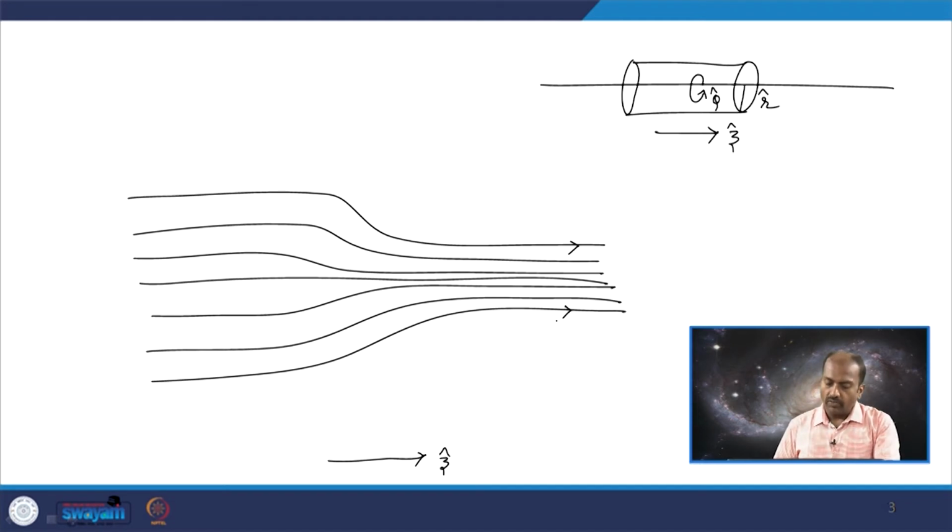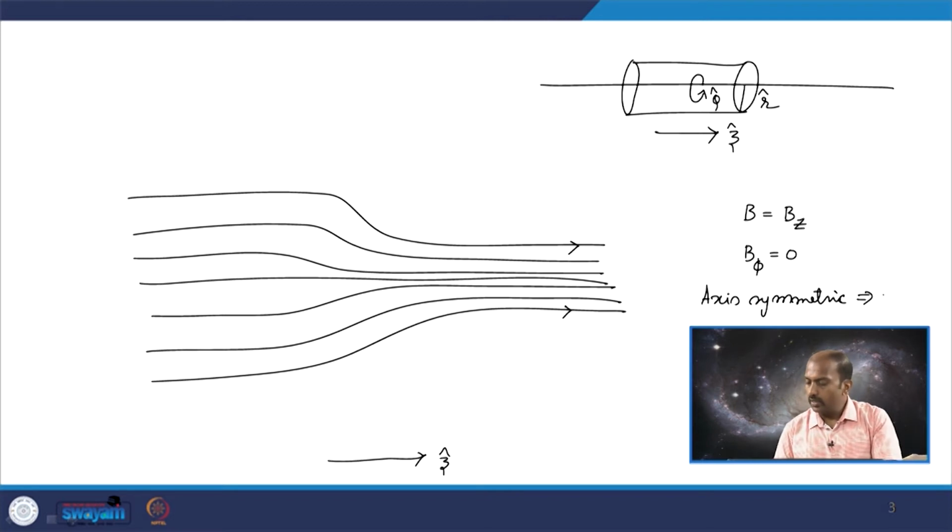Okay. Now what is the phi direction? So this is the r direction. So the magnetic field has the z component, right? Now we take that the magnetic field's phi component is 0, and we will also assume that the magnetic field is axisymmetric, which means that for a given value of r, at any value of phi, the magnetic field will be constant.